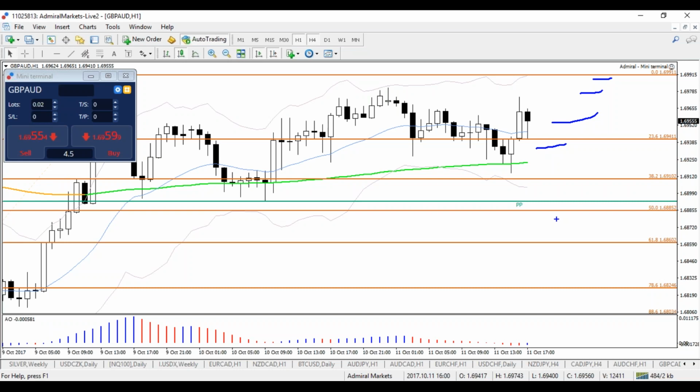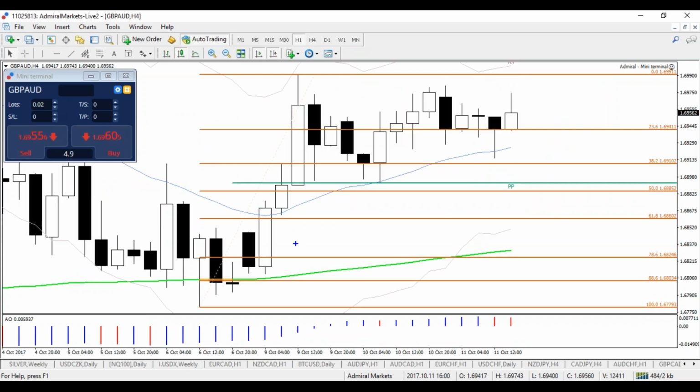All right, I know, for instance, that a friend of mine took a long entry at 169 here, and I advised him to take half of profit at just below 170 and put the stop loss below this candle low and aim for 170.120, right?